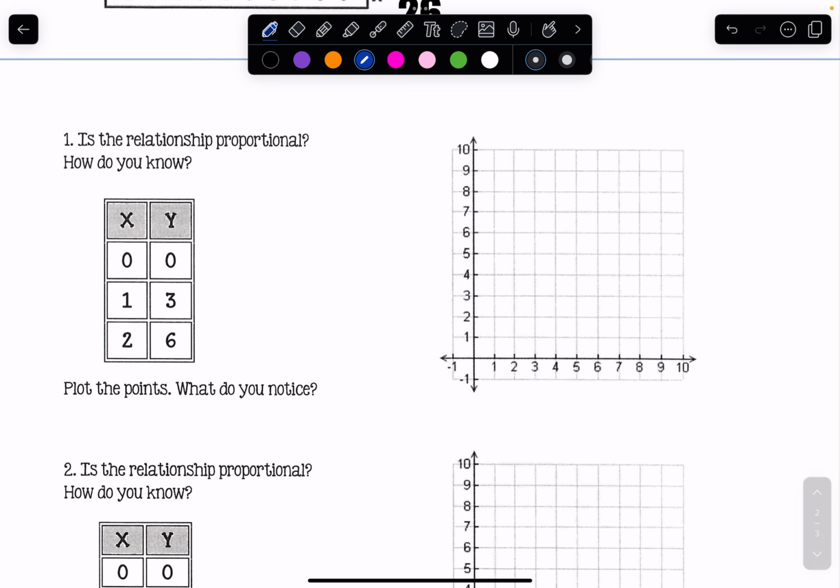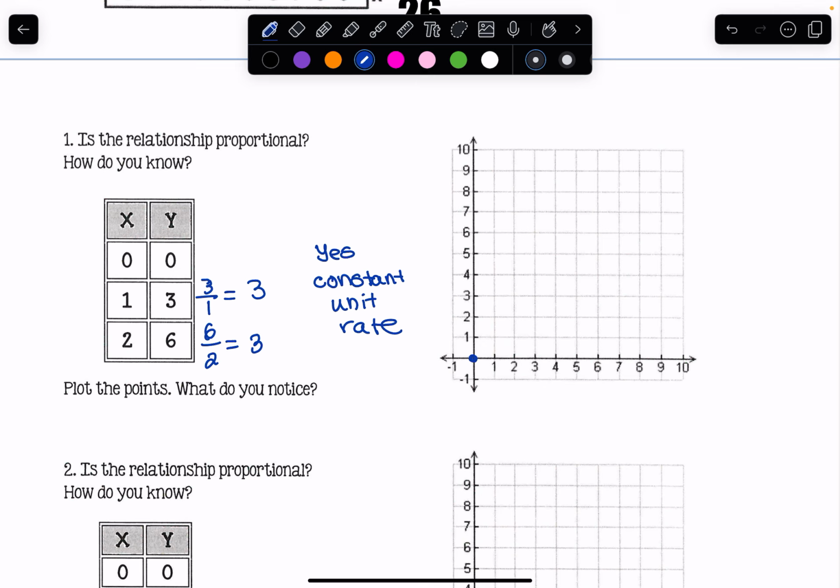So now, if we look at this table, we will be able to tell that this is a proportional relationship because when I do y over x, I find that I have a constant unit rate of 3. So yes, constant unit rate. We never look at the 0, 0 because as we've stated, you cannot divide by 0. Now I'm asked to plot the points. So I start at 0, 0.